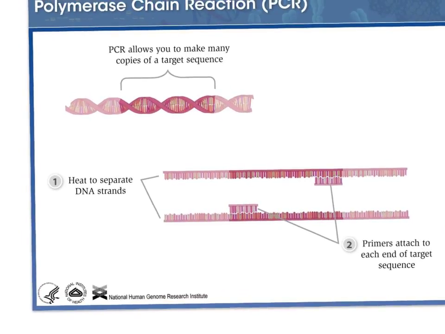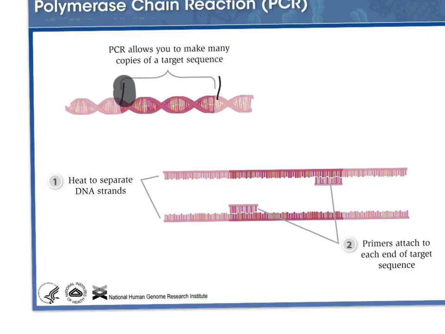Let's say this sequence right here, between here, here and there. Okay? And at this university, this is a very common procedure. Lots of people do it all the time. We do it all the time, not just for forensics, but for all sorts of different things about figuring out function and things like that, where you need many copies of DNA.